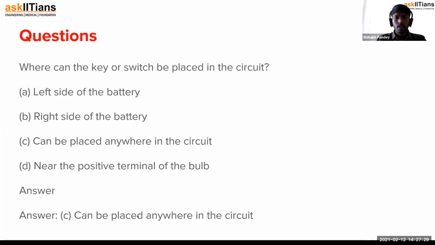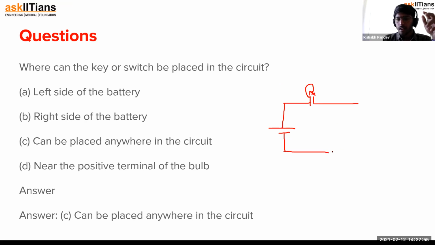Clear? Where can the key or switch be placed in the circuit? Left side of the battery, right side of the battery, or anywhere in the circuit near the positive terminal. Suppose I have a circuit with a battery, and here I have a bulb connected via a wire, and here I have the switch.